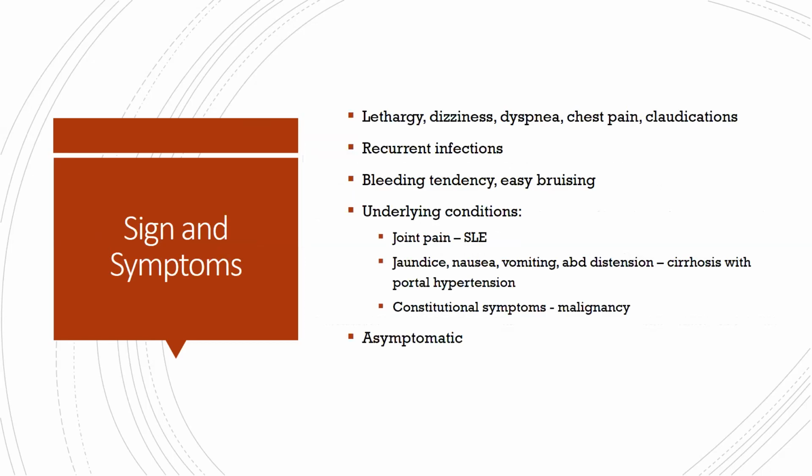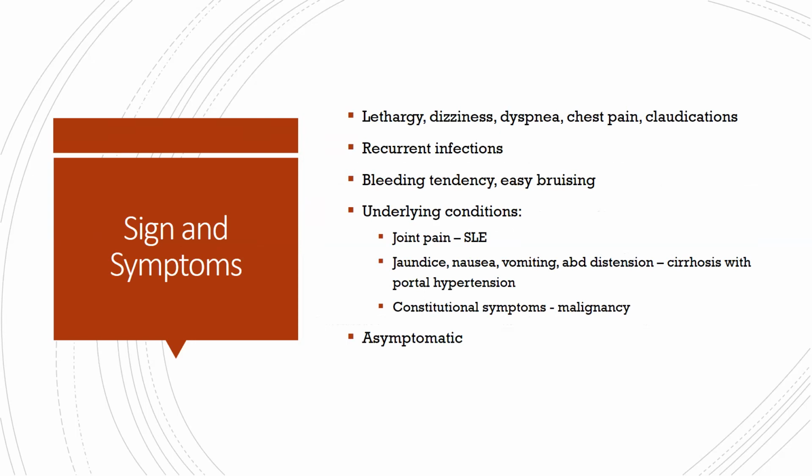Yeah, so the signs and symptoms of pancytopenia are basically about the loss of 3 cell lines, okay, and the symptoms they produce. Anemia will cause lethargy, dizziness, dyspnea, chest pain, and claudication. Lack of white blood cells will cause recurrent infections. Lack of platelets will cause a bleeding tendency and easy bruising.